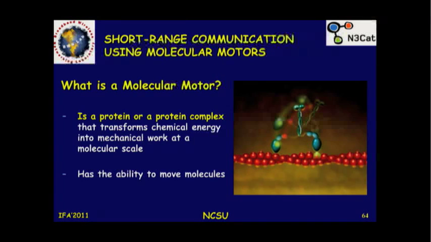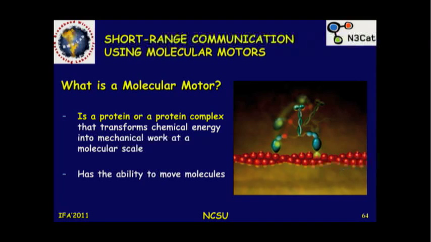So let us look at the molecular motor. What a molecular motor is, as you can see here, is a real picture. It's a protein. It looks like a devil, right? In fact, it's a protein or a protein complex. And it's running on these nanotubules, like this here, microtubules they are called, 25 nanometers thick. And they create these wires, right?